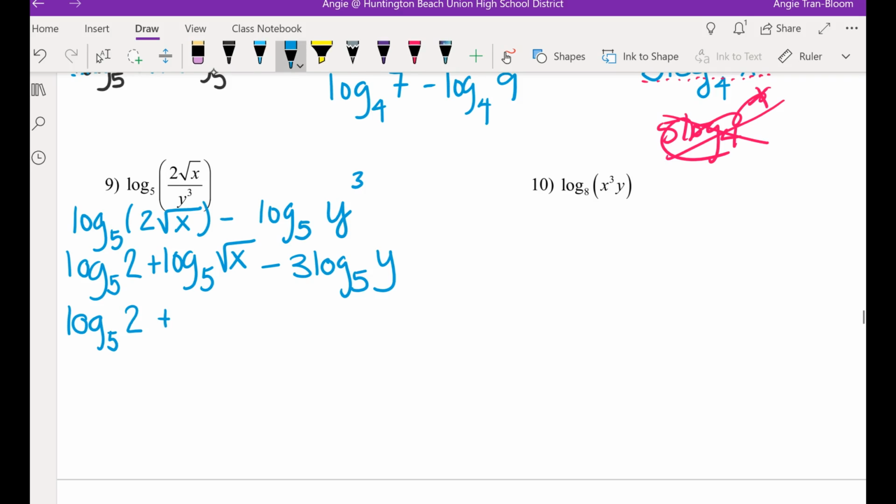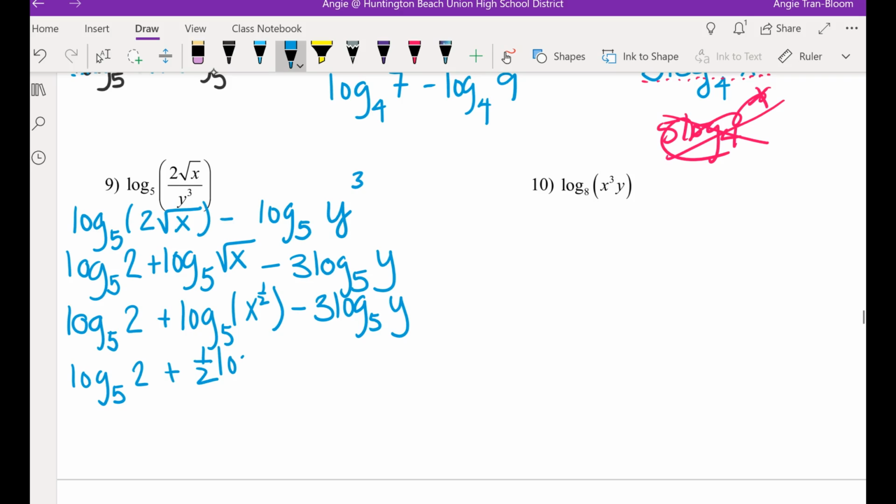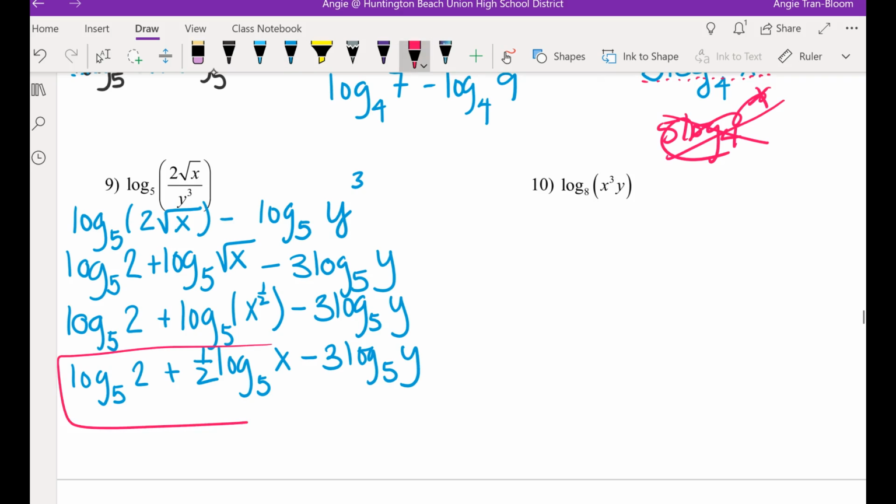This is really technically x to the power of a half. So because it's a power of a half, I can bring that in the front. So log base 5 of 2 plus 1/2 times log base 5 of x, and then minus 3 times log base 5 of y. And that is as far as we can go with our expansion.